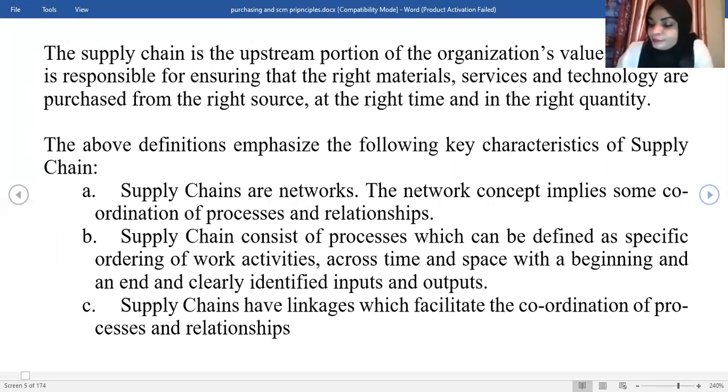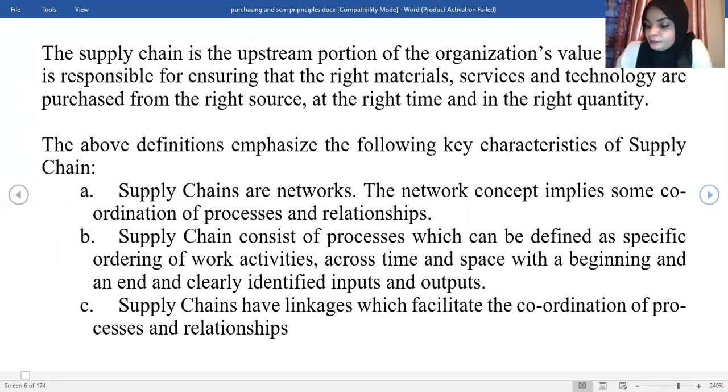Okay. So we have different characteristics of supply chain. The first characteristic is that supply chains are networks. The network concept implies that some coordinated processes and relationships are put together.